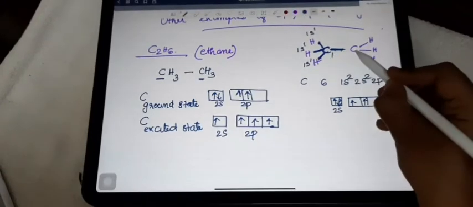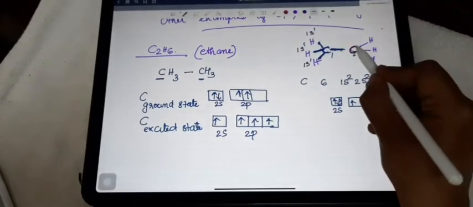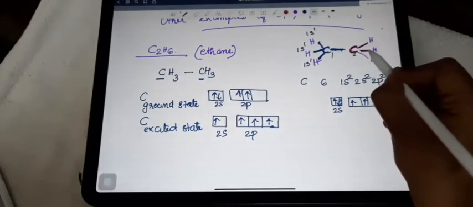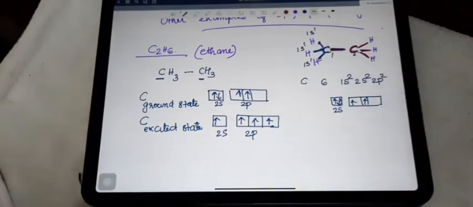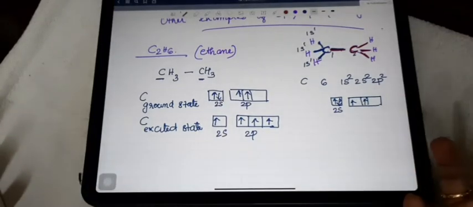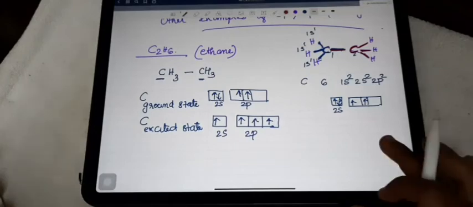If you consider this is C1 and this is C2, this C2 carbon also has the same situation. It is bonded with 1, 2, 3 hydrogens and with the other carbon, so 4 bonds. With the help of one carbon we can explain everything; the same situation applies to the next carbon.